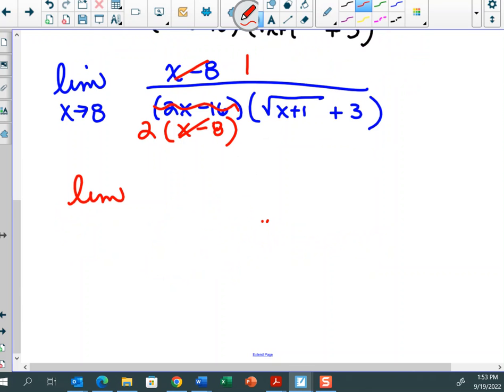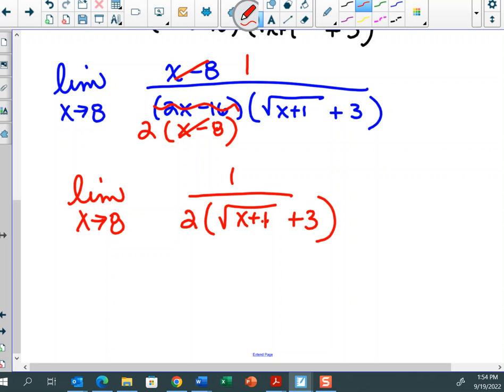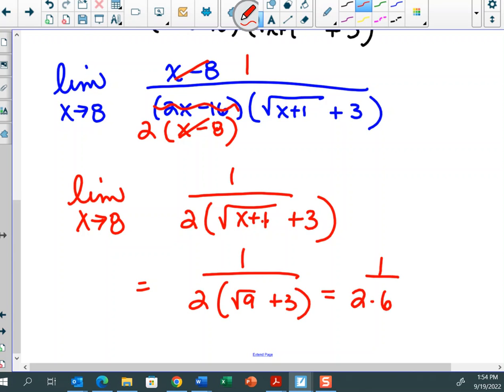So this is going to end up at the limit as x approaches 8 of 1 over 2 times the square root of x plus 1 plus 3. So 1 over 2 times the square root of 9 plus 3. 1 over 2 times what's going to be 6. And so that final answer is 1/12.